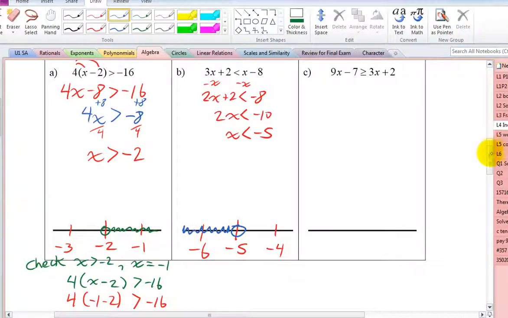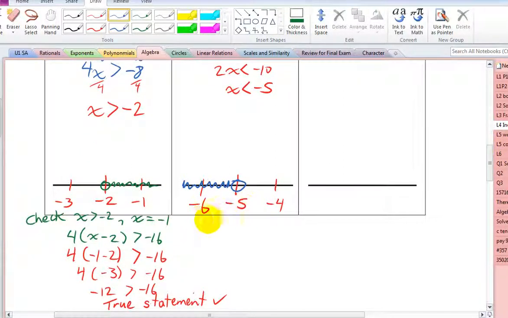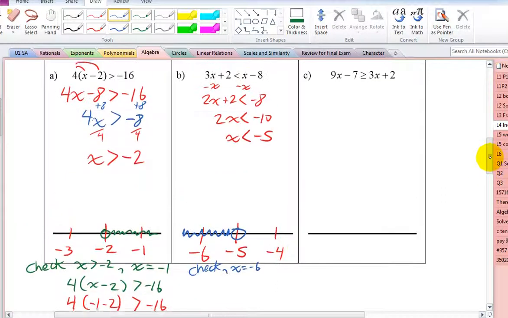So what number can we check with? -6. So do your check. X equals -6. See if you get a true statement.